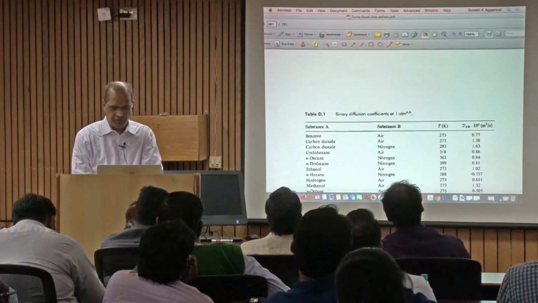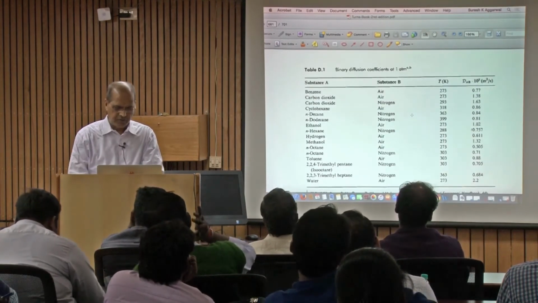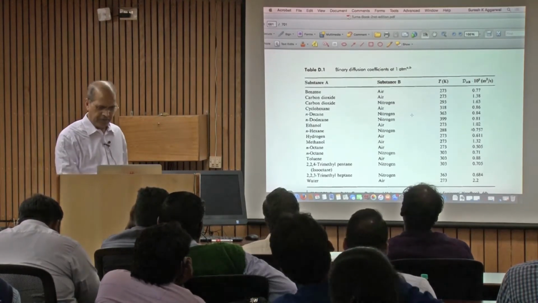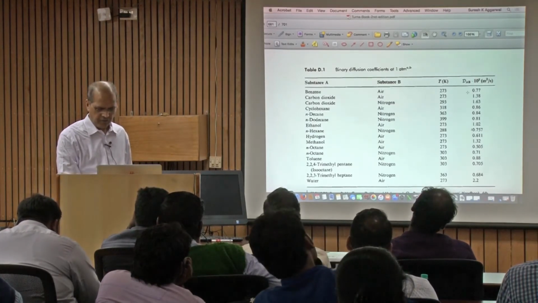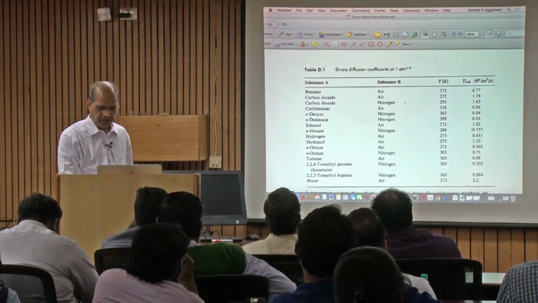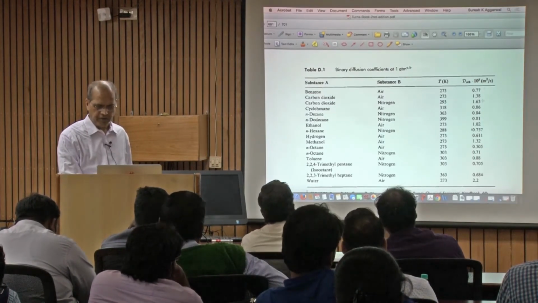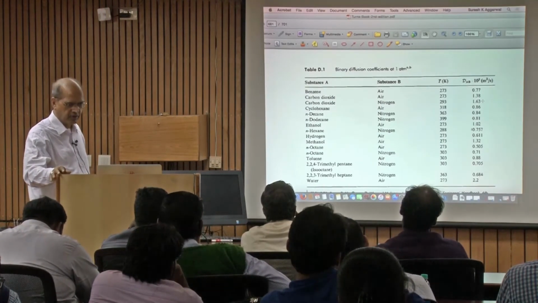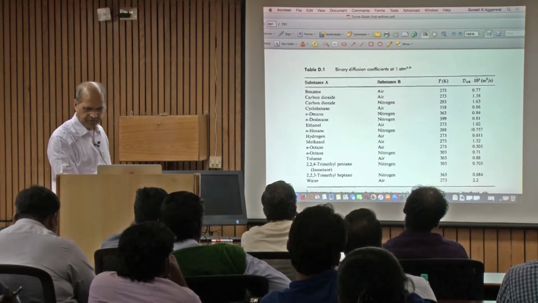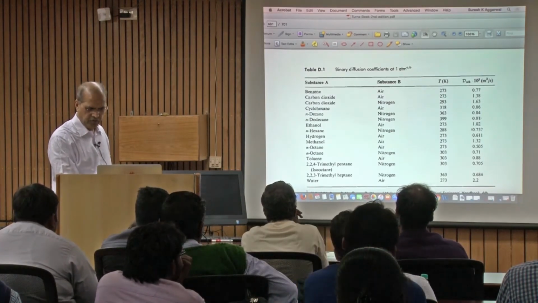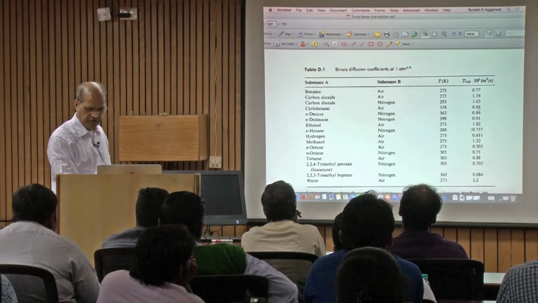These are the diffusivity values for some of the species. These are heavier species, so benzene in air is 0.77, CO2 in nitrogen is 1.63, but it's 1.63 times 10 to the power minus 5. That factor is here. So you can compare, say for example, CO2, which is 1.63.